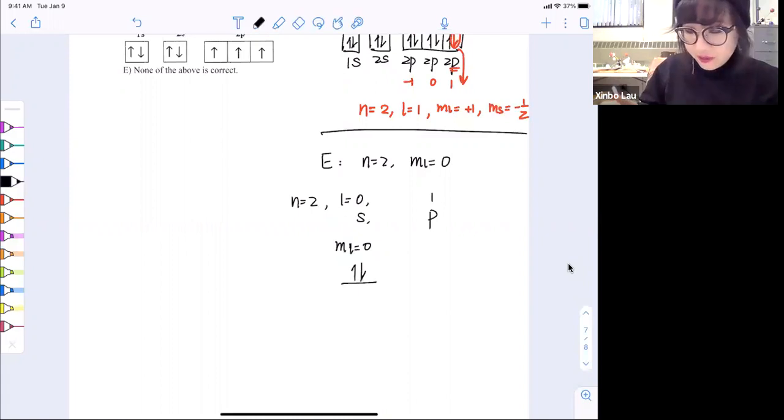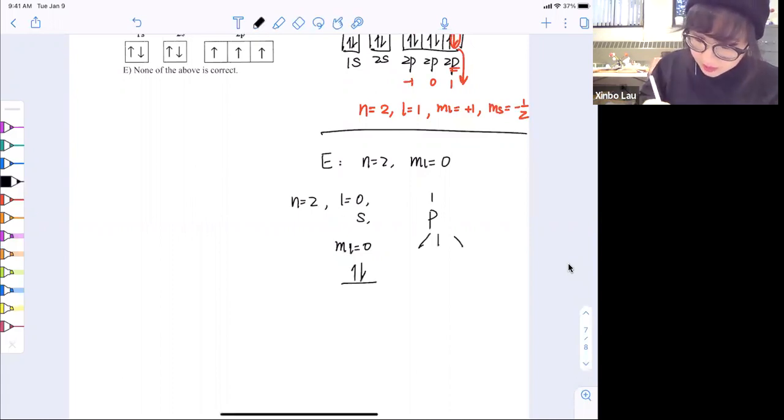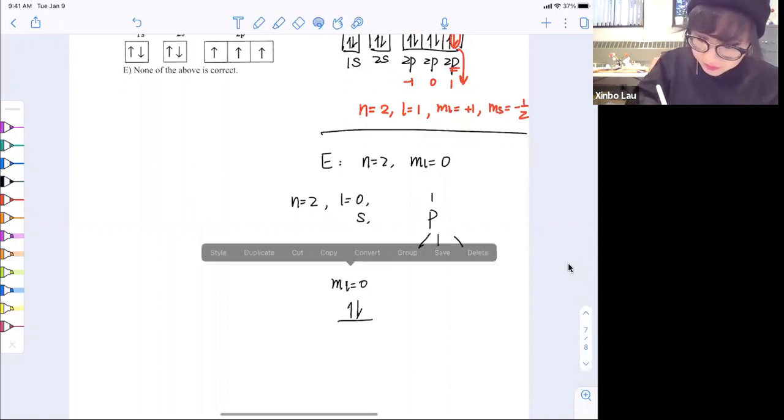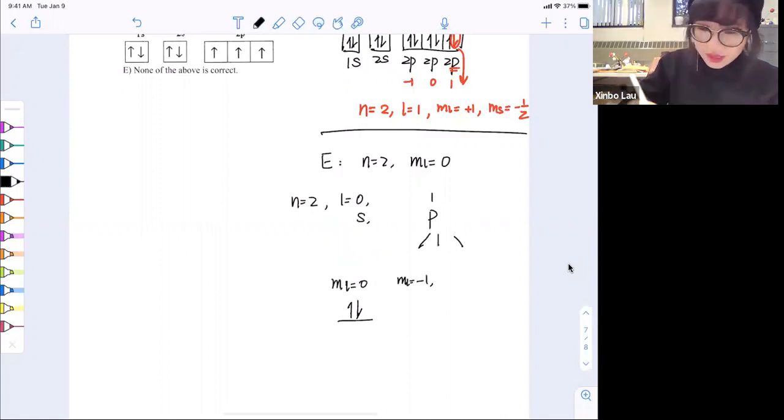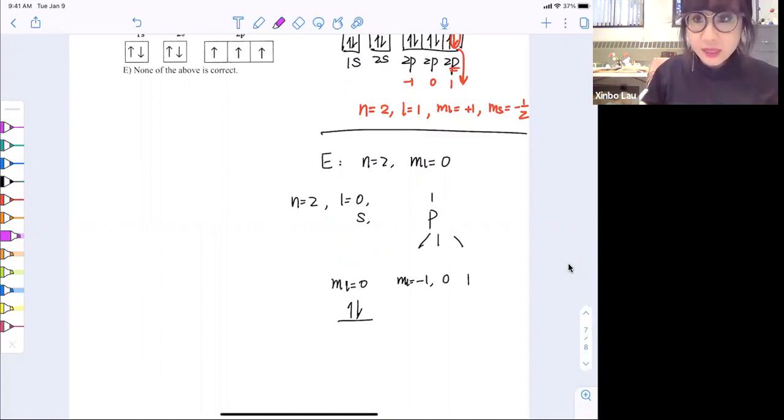And then for the p orbital, when l equals 1, I know I'm going to have m sub l values of -1, 0, and 1. But for this question, we're looking for m sub l equals 0. So let's draw that.